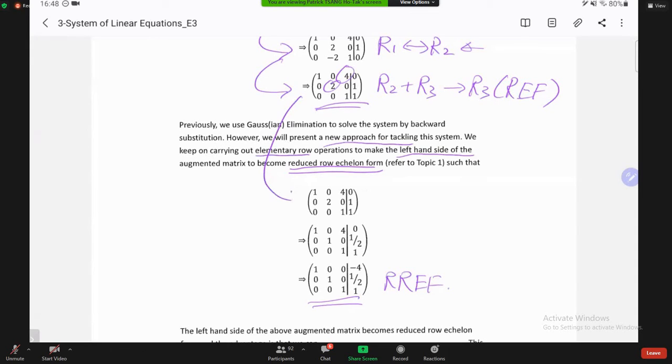I simply copy everything here, and then I firstly divide the second row by 2, or you may say multiply 1/2 or 0.5 to the second row, in order to make this entry to be 1.